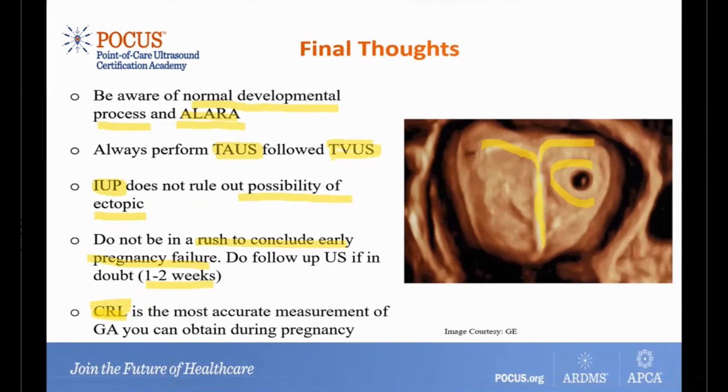And here you can see the double decidual sign, and you can see that it is eccentric in location, and that's why it's got a lot more information, which is why I want to share it with you. You can see that there also is a tiny embryo in there, and if you zoomed in, you could have seen the cardiac activity as well.